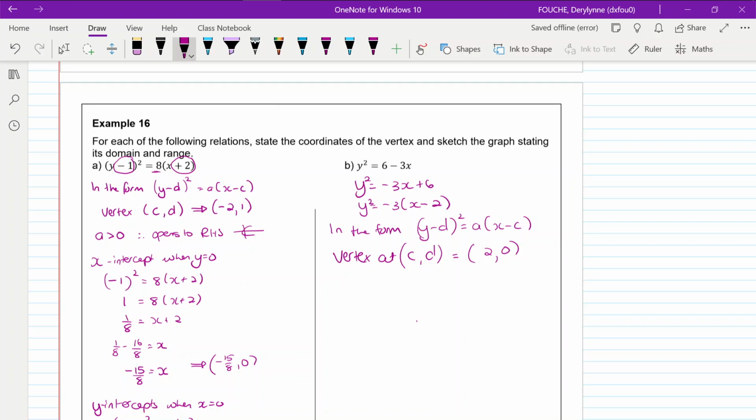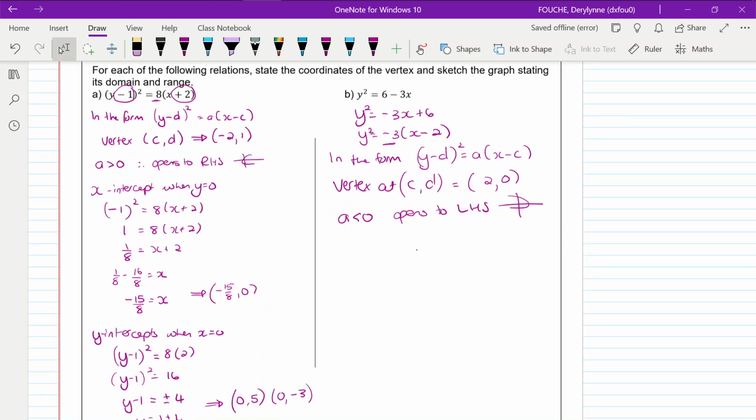Now our a value in this case is less than 0, so that means it opens to the left hand side, which means it's going to look something like that. Again, as with any graph, we need our x and y intercepts. So x-intercept when y equals 0. And so we have 0 is negative 3 times x minus 2.